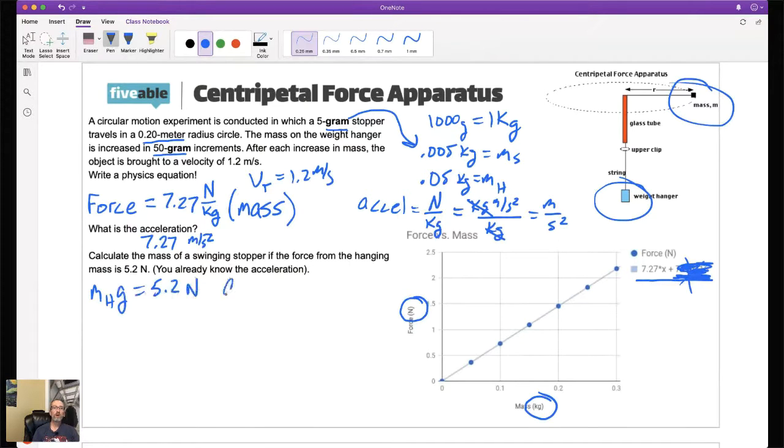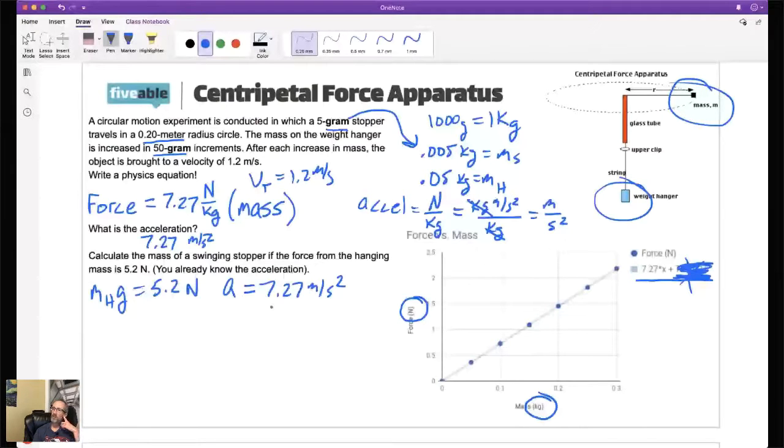We know that the acceleration is equal to 7.27 meters per second squared. They want us to calculate the mass of the swinging stopper. So if I want to do that, what do I do? Can I just use one equation, or do I have to set up a big equation to do that? What do you think?